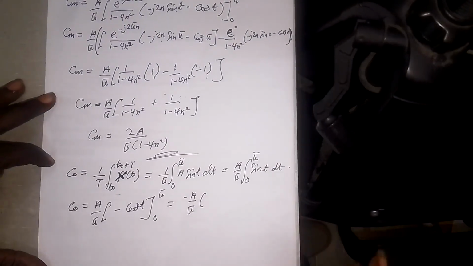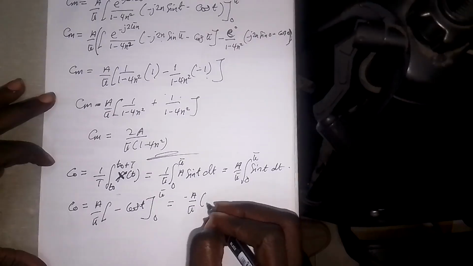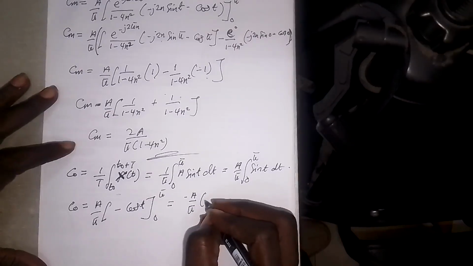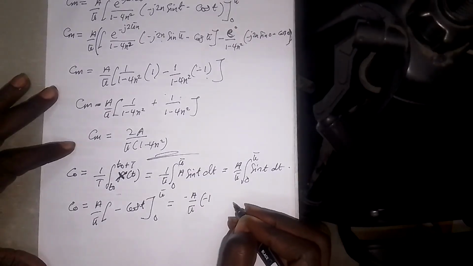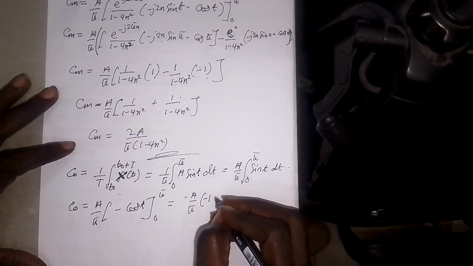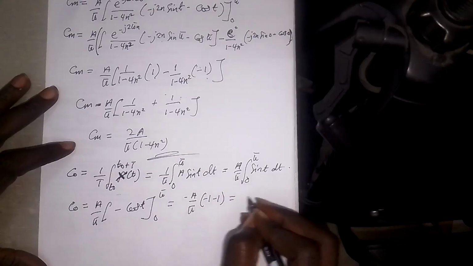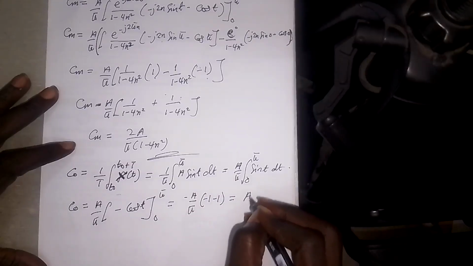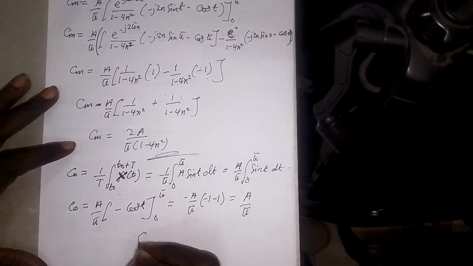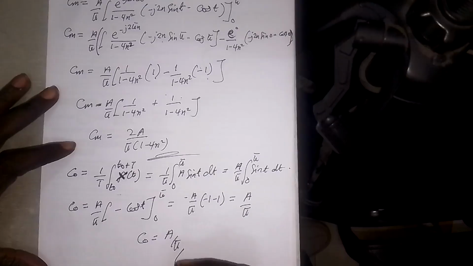Cos pi is minus 1. And then cos 0 is also 1, but because it's the lower limit, it will subtract. So that C naught is equal to A on pi.